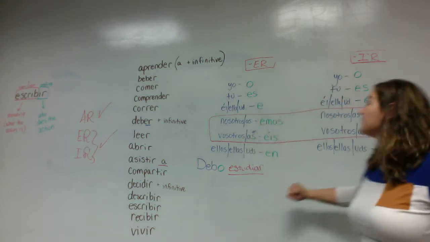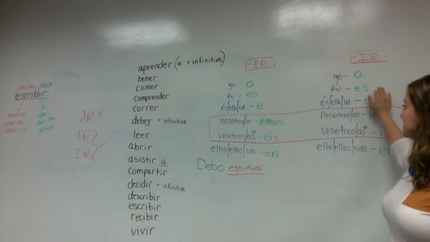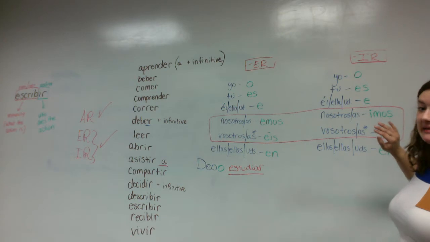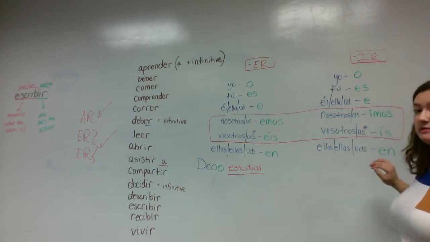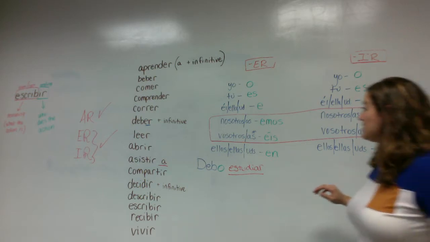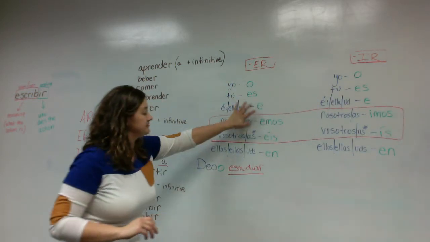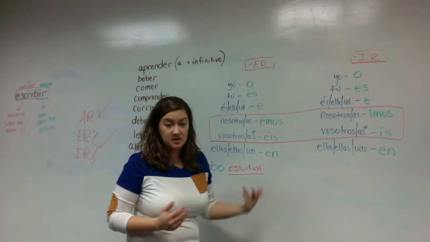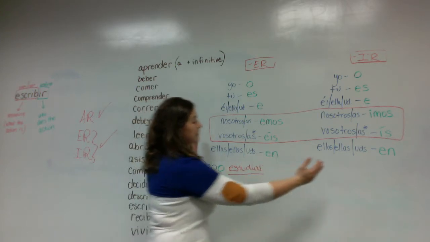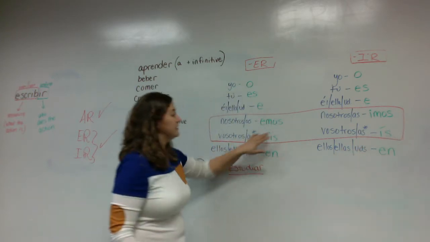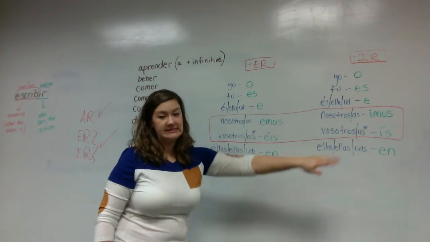Describir: describo, describes, describe, describimos, describís, describen. Most of the conjugation endings are similar, except for what I put here in the box for you: emos, imos, és, ís.